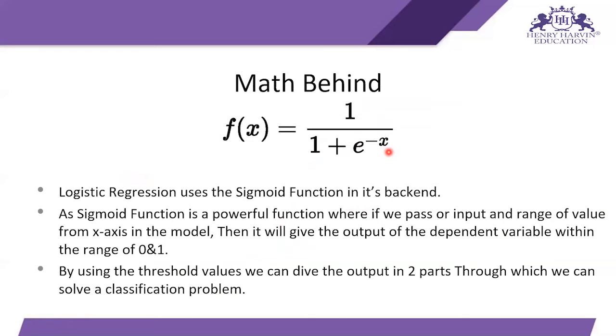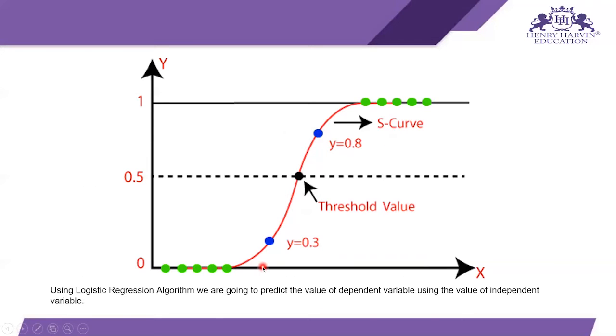The maths behind it is that logistic regression uses the sigmoid function to get the prediction of the dependent variable. As you can see in this graph, this curve is called the sigmoid curve or S curve, and this is the sigmoid function graph.